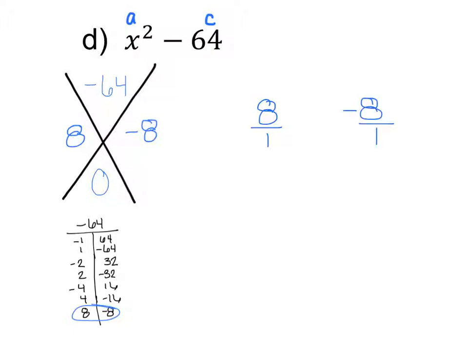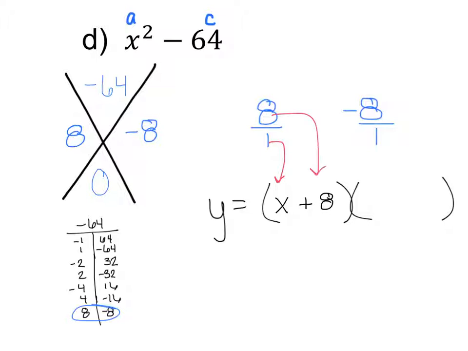Can we reduce those any? Nope. So we go straight into our factors, and we don't have a greatest common factor, so we're going straight in here. So this is our coefficient, so we'll have 1x, and then plus 8 from the numerator, and then we'll have 1x minus 8.